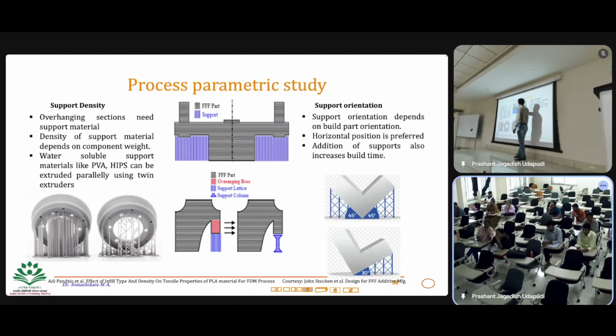But since you are using the same properties for printing the model and the support structure, when you try to peel it off, or remove the support structure, here the layer you need to sacrifice comes into play when it comes to removing, right? So you have to see how much you can create a less dense material, so that you can remove the support structure easily, right?